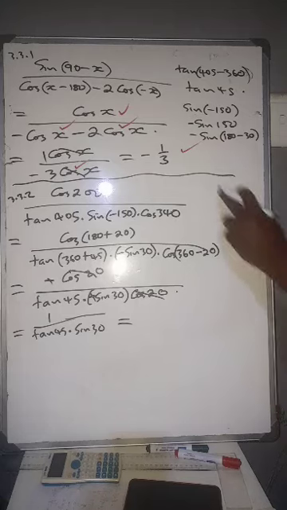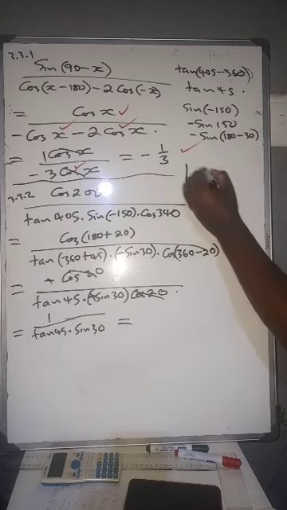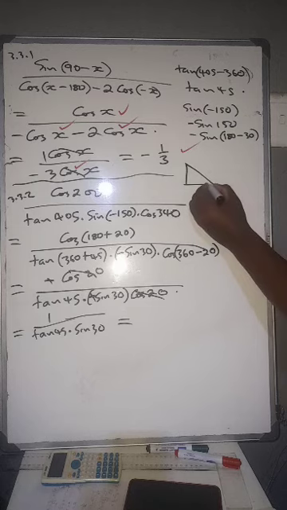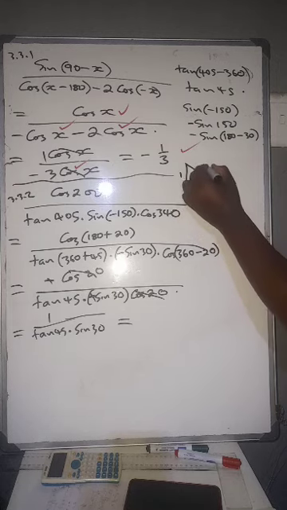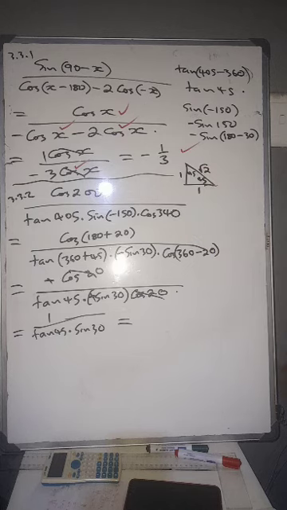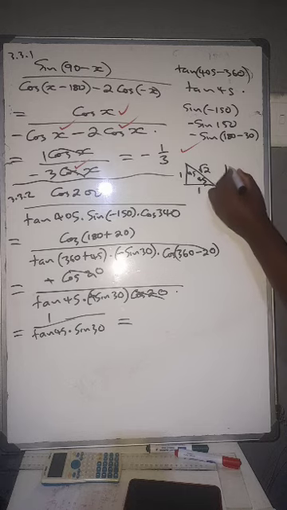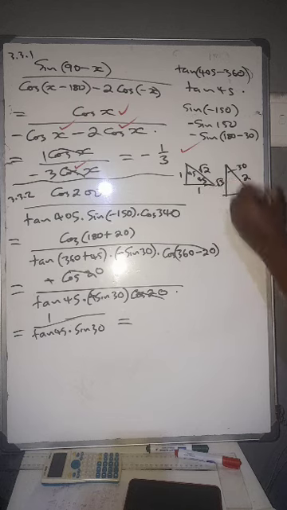These are special angles. You are not supposed to use a calculator, so you use those triangles for special angles. We've got an isosceles triangle there with sides 1, 1 and root 2. This is 45, 45. This is one of the triangles for special angles. The other one has a 60 here and a 30 here, with sides 1, 2 and root 3.